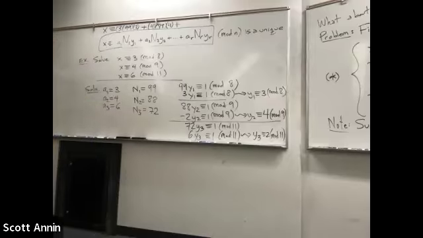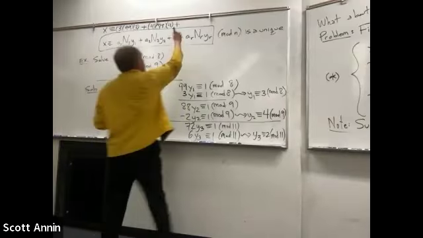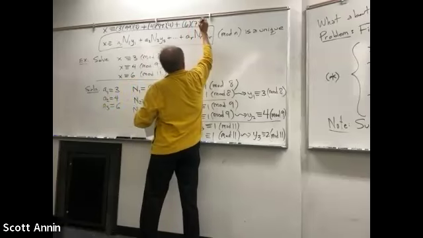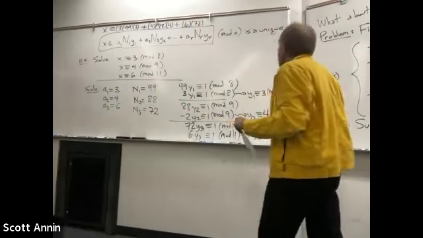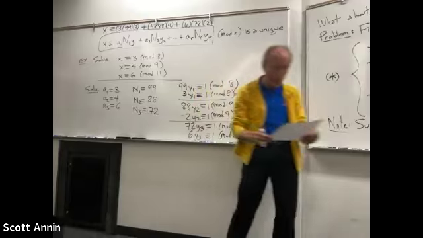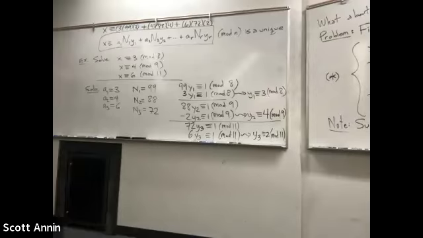And finally, the third one would be a3, which is 6, n3 was 72, and y3 we said was 2. This is just plugging in all the numbers, right? That's all that's going on here.